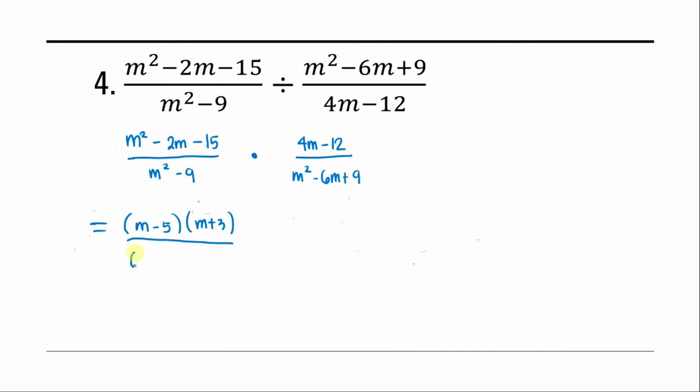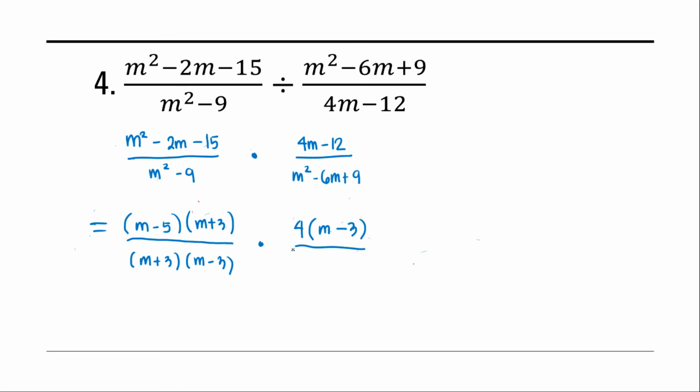So that is m plus 3 and m minus 3. For 4m minus 12, we can factor this out as 4, that's the GCF, and then 4m divided by 4 is m, negative 12 divided by 4 is negative 3, or minus 3.